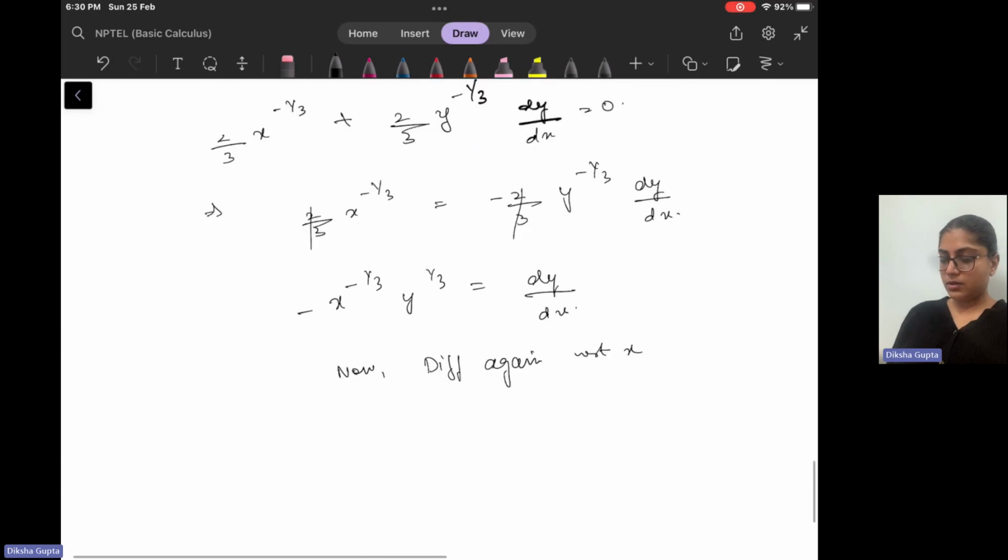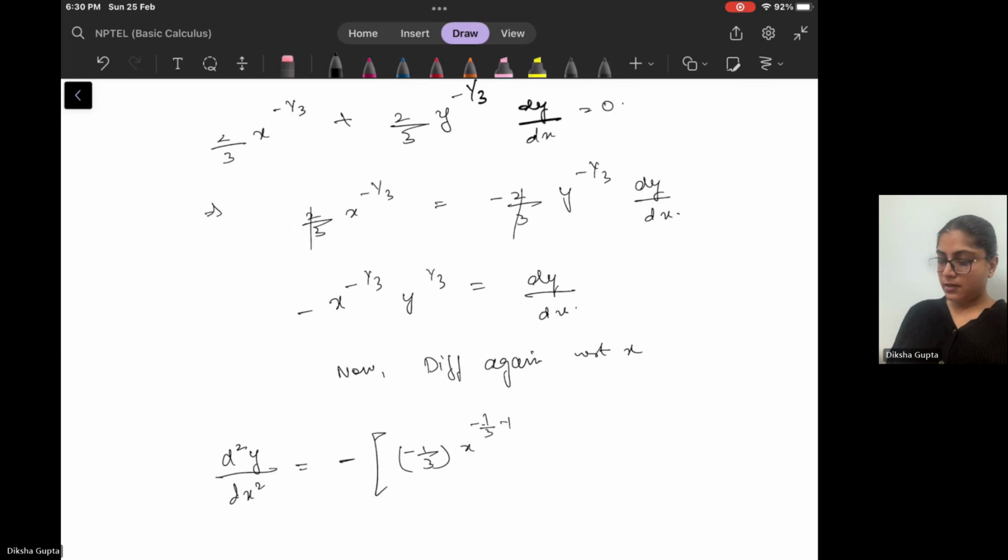So now the right hand side will be d square y by dx square simply, and here we'll have to use the product rule, keeping the minus sign as it is outside. Product rule is the derivative of the first function, power minus one, y^(1/3) second function as it is, plus first function as it is and the derivative of the second function.